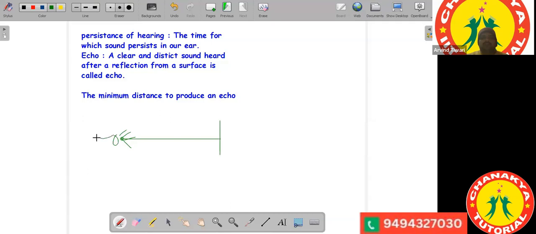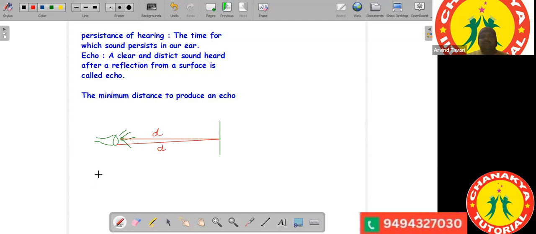The sound should reach the other end and it should return back to your ears. So it is traveling a distance, suppose d, from the source to the reflector, and the return distance is also d.